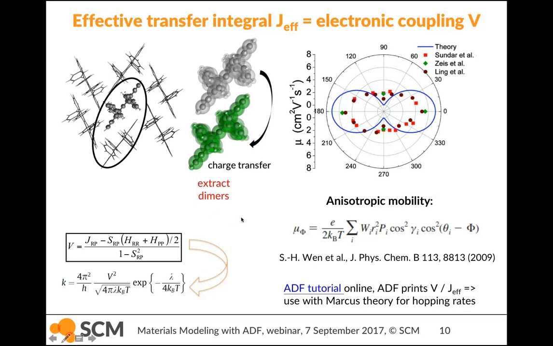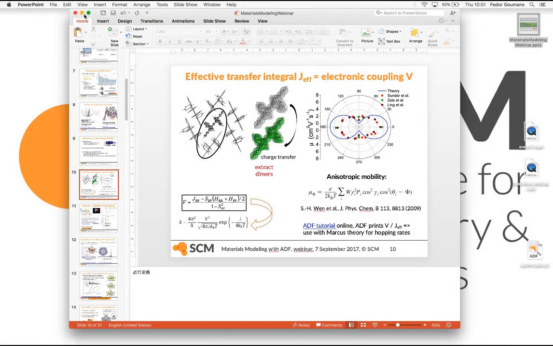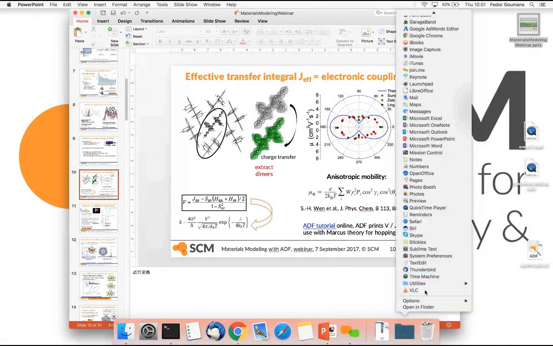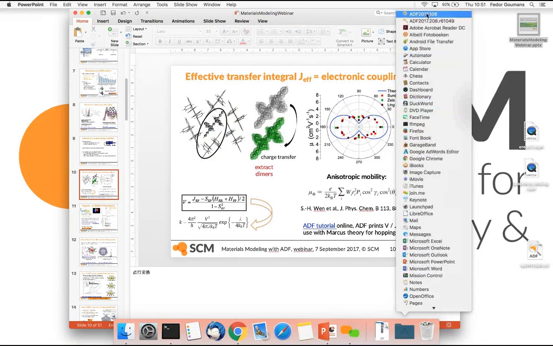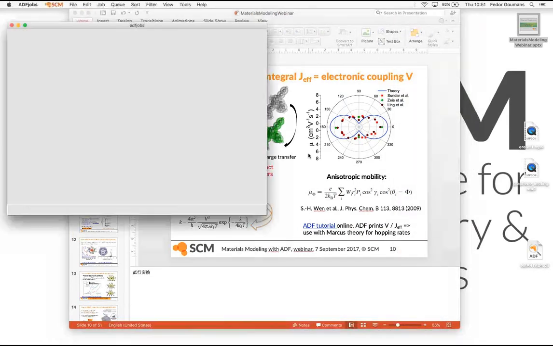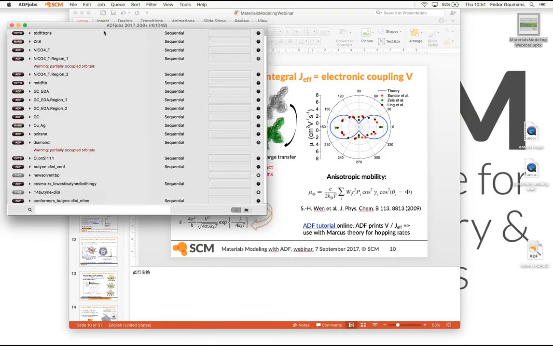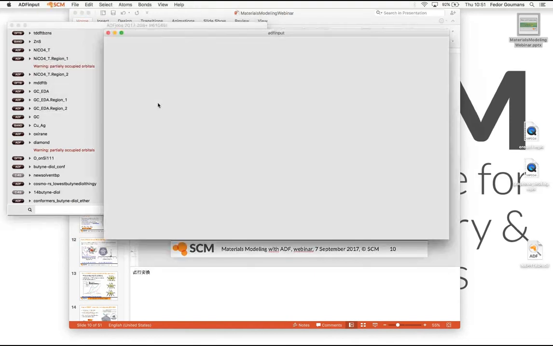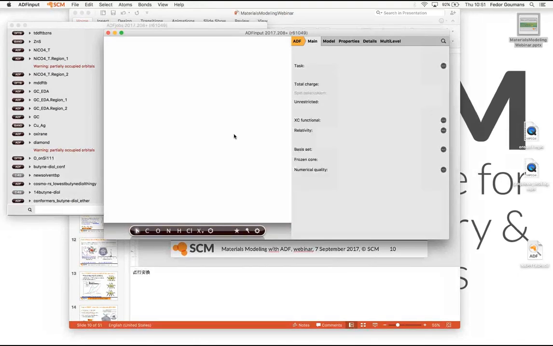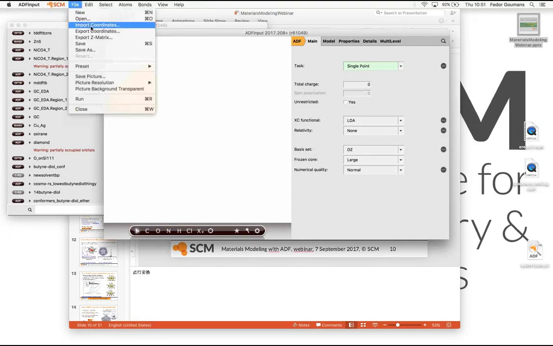Okay, so let me just show you how that works. I go out of this presentation and I open up ADF. And then I'll make a new input file. For this example, we'll start with naphthalene.